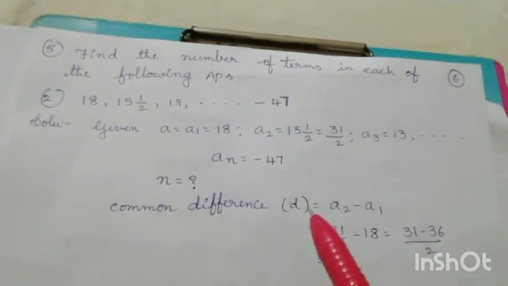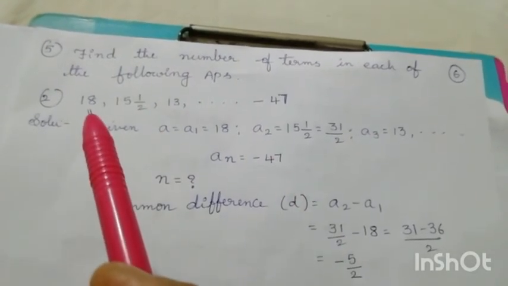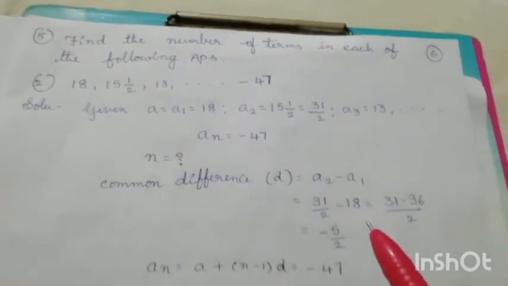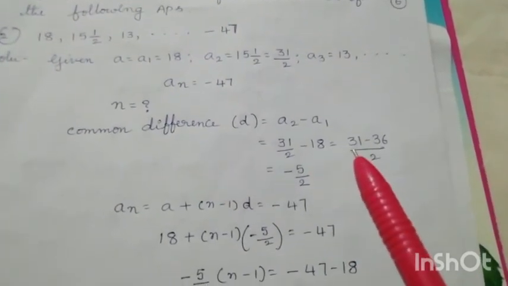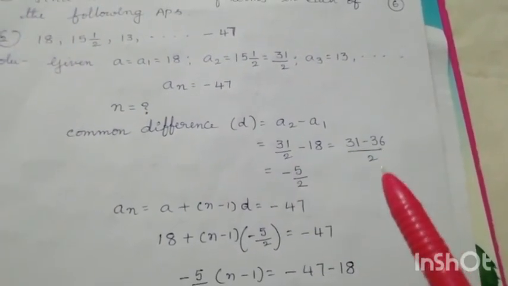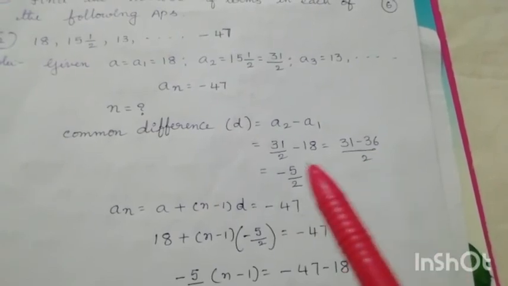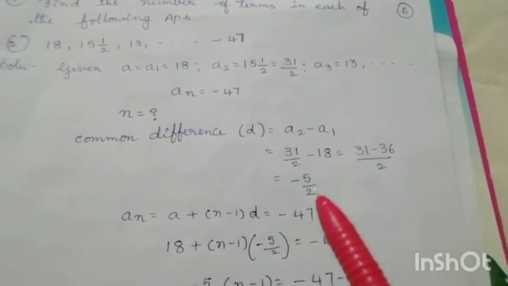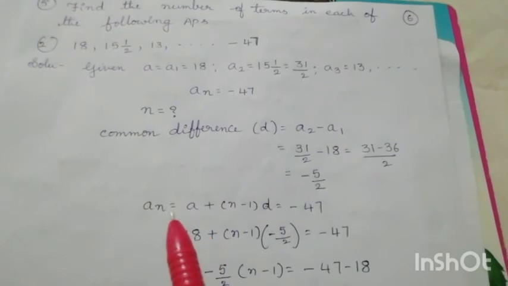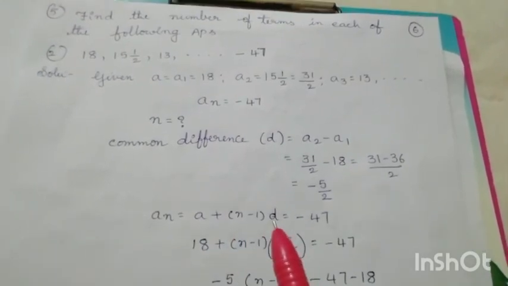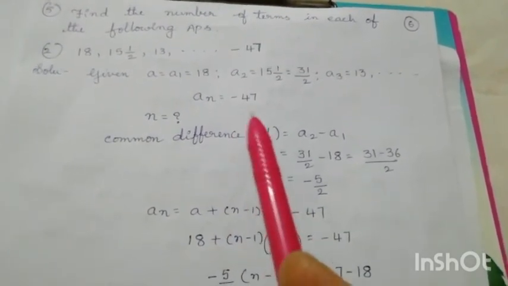So common difference d is equal to a2 minus a1. 31 by 2 minus 18, which is equal to 31 minus 2 18s are 36 by 2. 31 minus 36 is minus 5 by 2. So our an formula is an is equal to a plus n minus 1 into d, which is equal to minus 47.